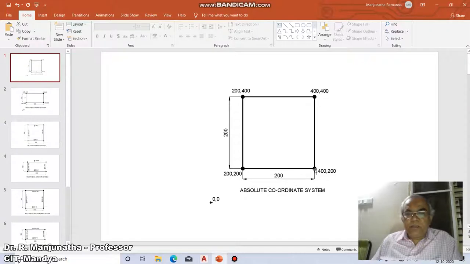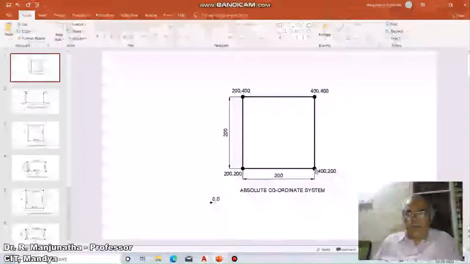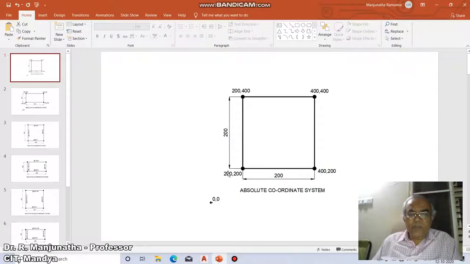But since it is a horizontal line, it is not moving in the y direction, so there is no increment in the y direction. It will take the value of the previous y, which is 200. So the next point will be 400, 200.